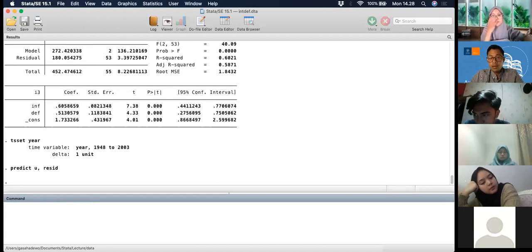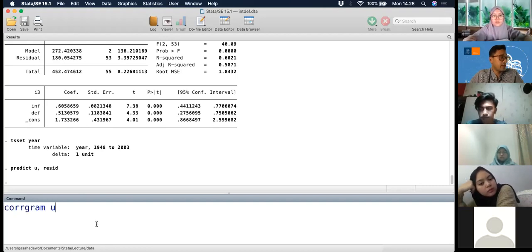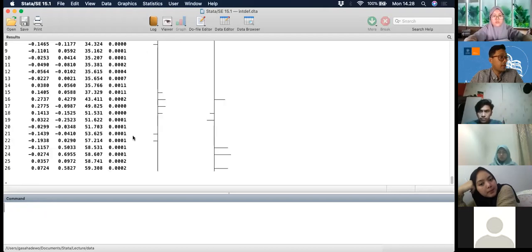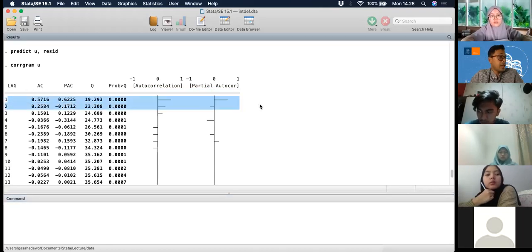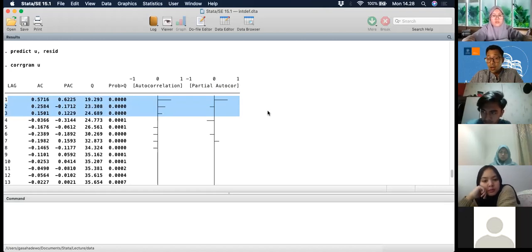Before any further analysis on the residual, it's always nice to look at its correlogram. In the correlogram of the residual, you can see there is a significant autocorrelation at lag 1, at lag 2, and at lag 3.